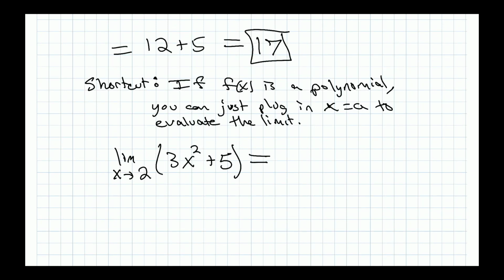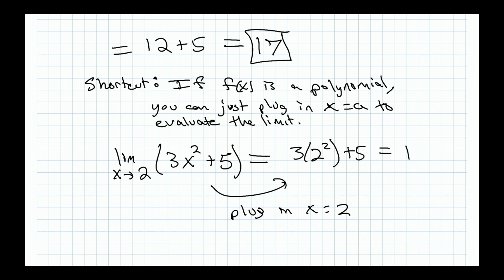So how do you do this? Just plug in x equals 2. So you get 3 times 2 squared plus 5, which is 17. And that's it. Okay. Now, why does that work out?